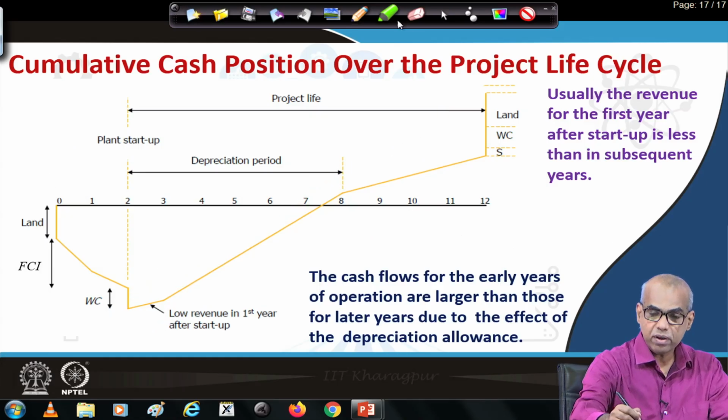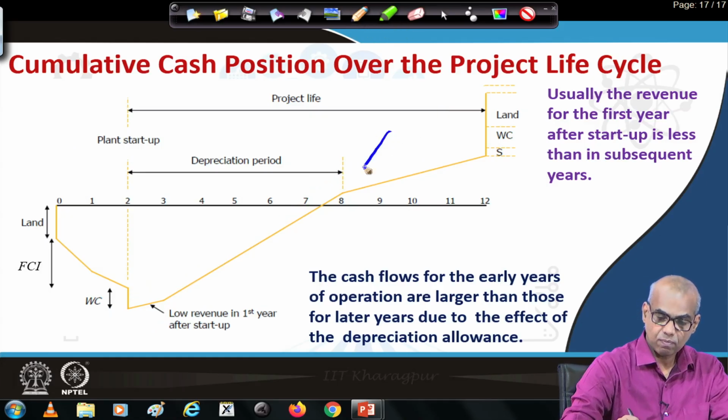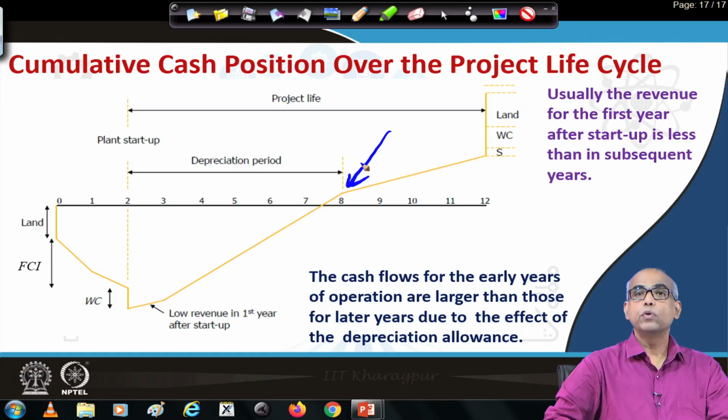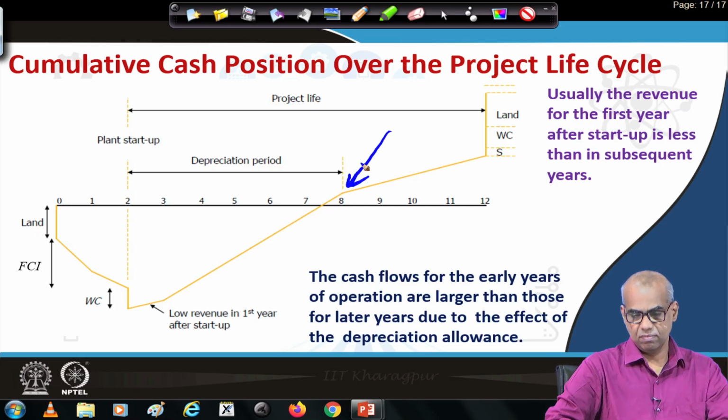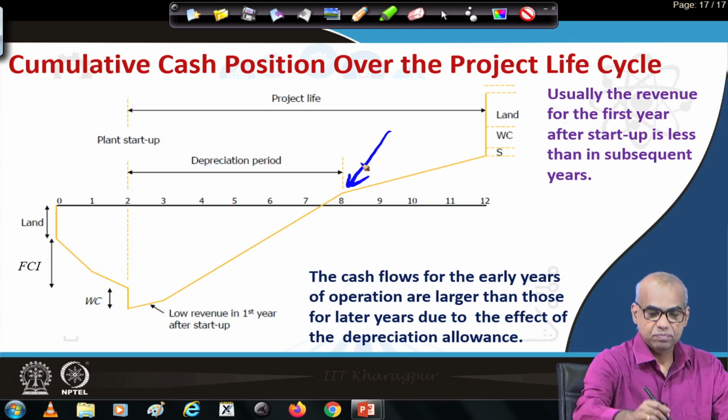Beyond this point, you no more get any tax benefit or allowance due to depreciation, because you have completely recovered the depreciable capital investment. So, the cash flow now decreases beyond the depreciation period.